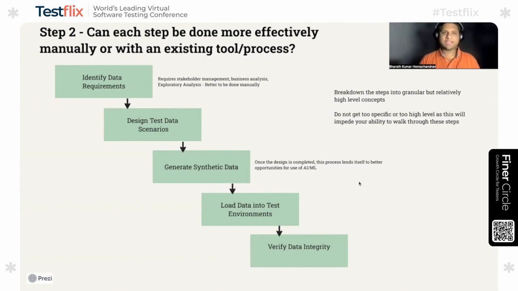So in this particular case, where we are trying to create the test data, identifying data requirements is something that is a very manual process. It requires communication, it requires collaboration between different stakeholders, between different teams, and is not something that is very amenable to automation or some kind of scripting.